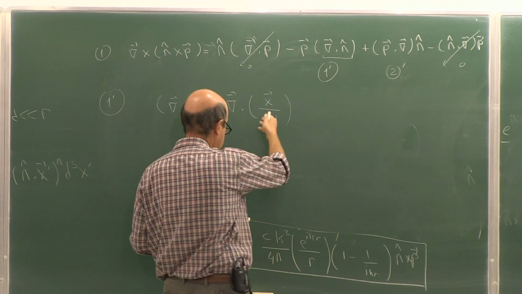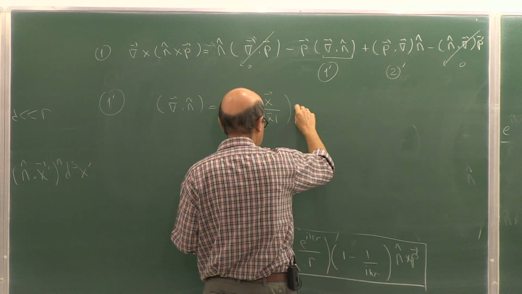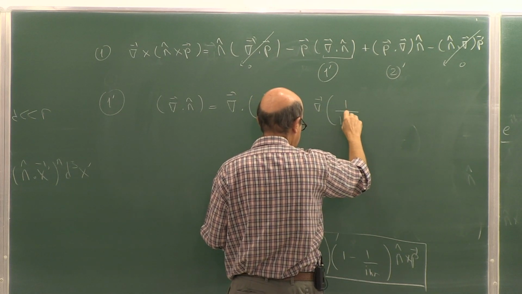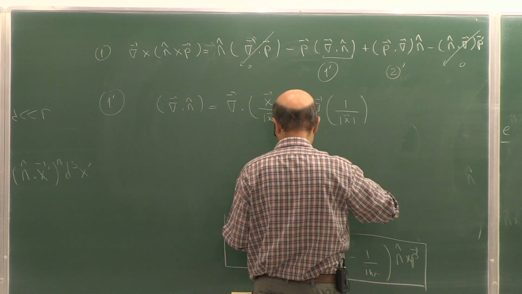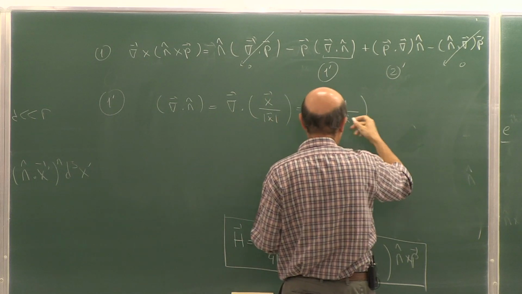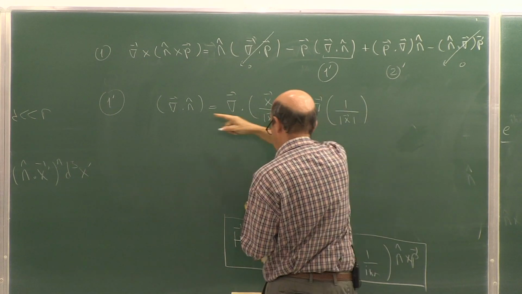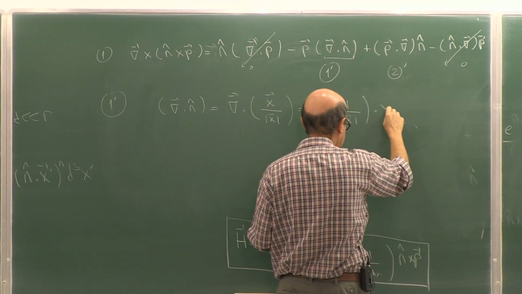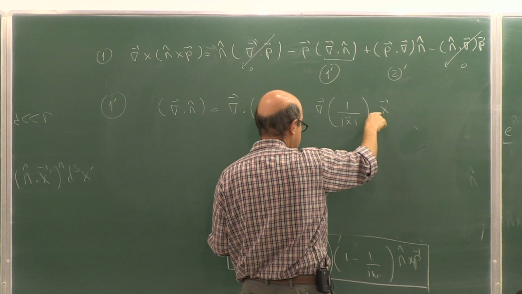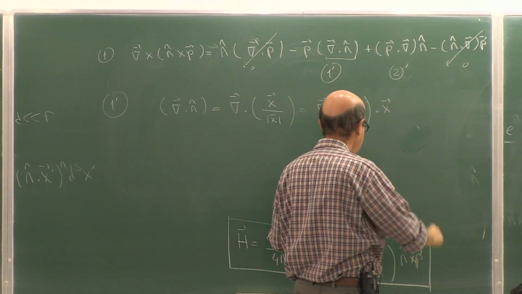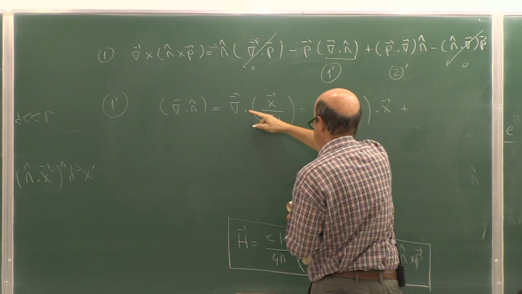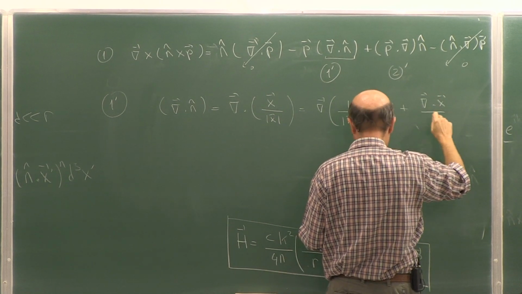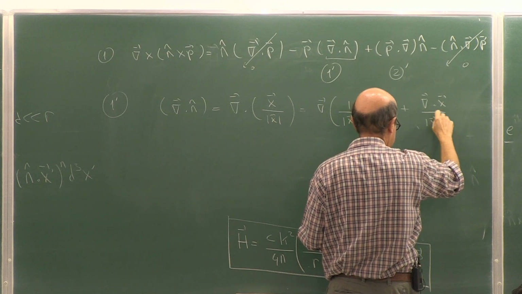This is a vector times a scalar, and that is equal to the gradient of 1 over x magnitude, a vector, dot product with x, plus the divergence of x times 1 over x magnitude. We get a scalar at the end.